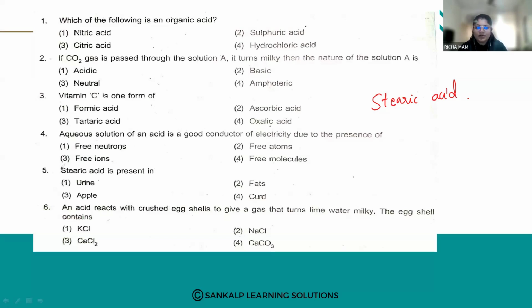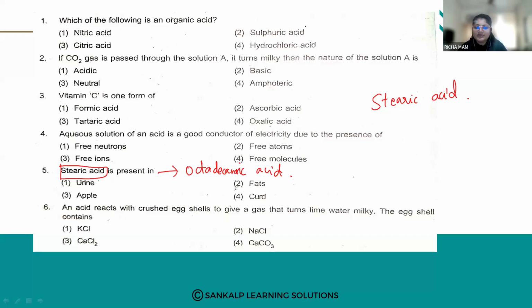Stearic acid is a saturated fatty acid. It is also called octadecanoic acid. It is like wax, a waxy solid.